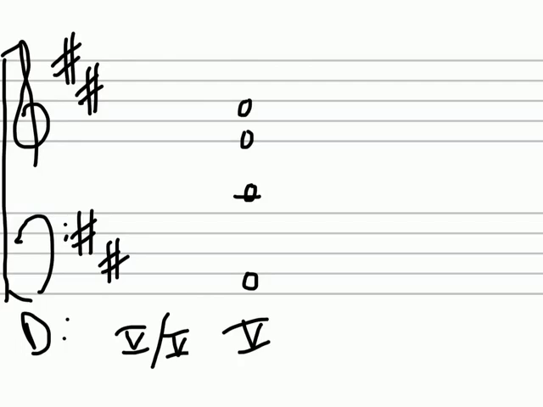Let's see how this works. If we're in the key of D, of course, if we had an A major chord, we all know that as a 5 chord. And if I wanted a 5 of 5, I would find the chord in a descending fifth progression to 5, and I would make this a major chord.